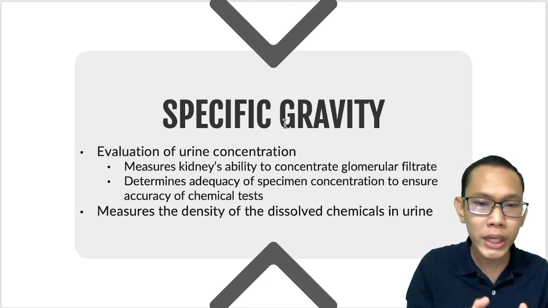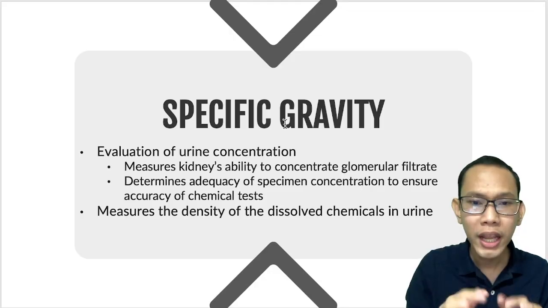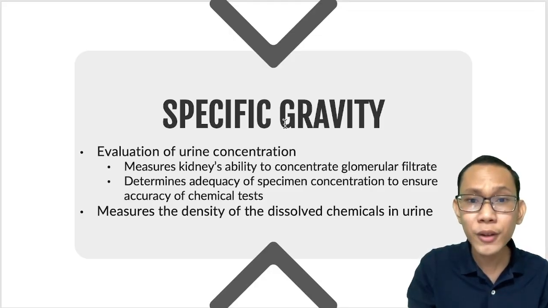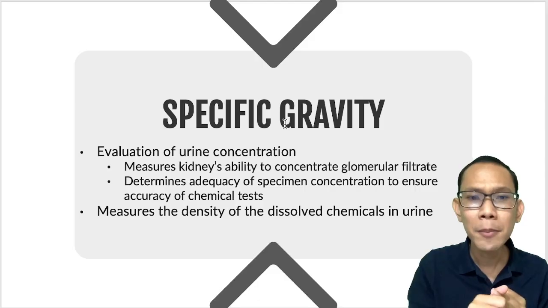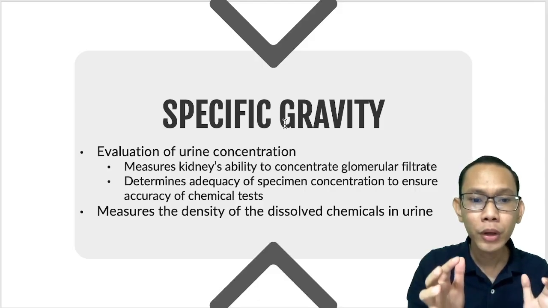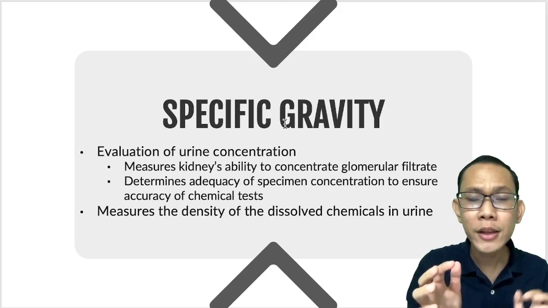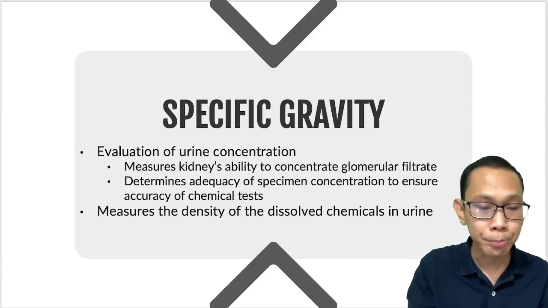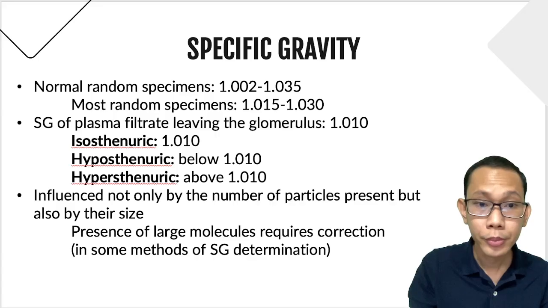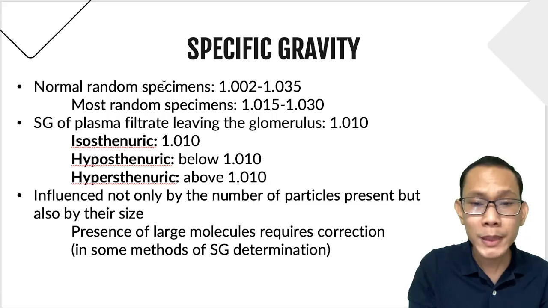Okay, again, sa urine, ang solvent natin, that's the water. And of course, our solute will be your dissolved chemicals. Diyan napapasok yung ating mga sediments, mga crystals, mga cells. So that is already part of your dissolved materials which is present in your specimen. So again, specific gravity, normal random specimen, it is around 1.002 to 1.035.